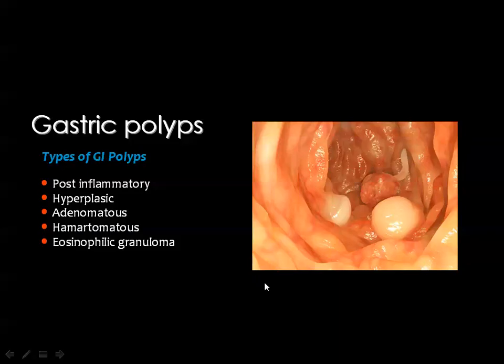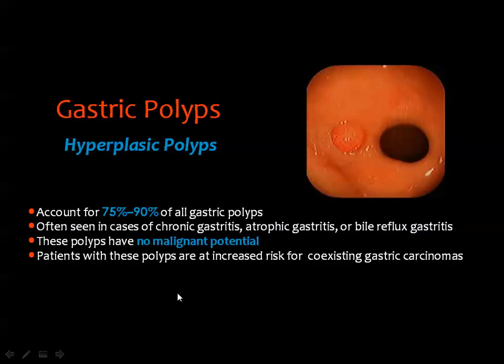Gastric polyps include the post-inflammatory, the hyperplastic, the adenomatous, the hamartomatous, and the eosinophilic granuloma. The hyperplastic polyps are the most common. They represent up to 90% of the polyps. They do not have malignant potential, and they are often seen in cases of chronic gastritis or atrophic gastritis.